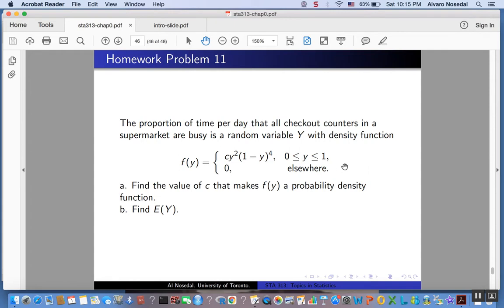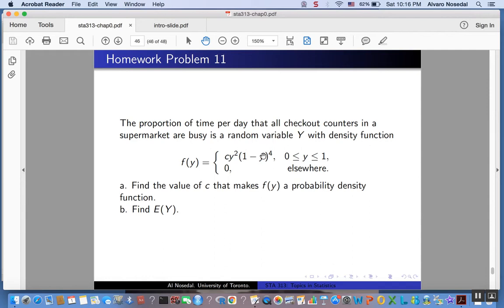First let me remind you that, as you can see from the way f(y) is defined, that density satisfies the first condition that a legit probability density function must satisfy. It is non-negative. It's 0 or positive.